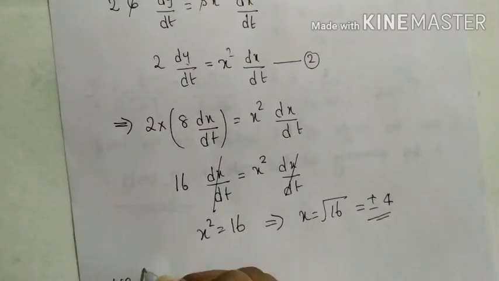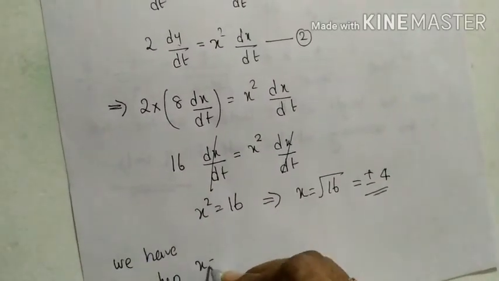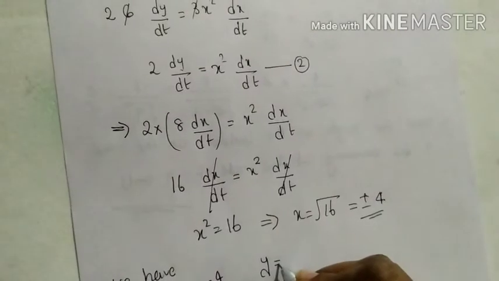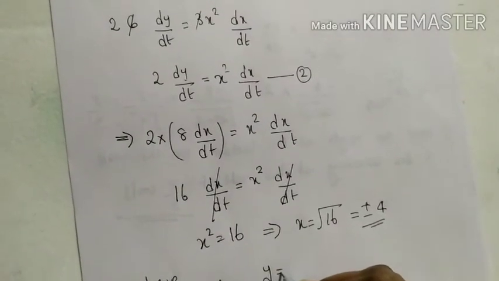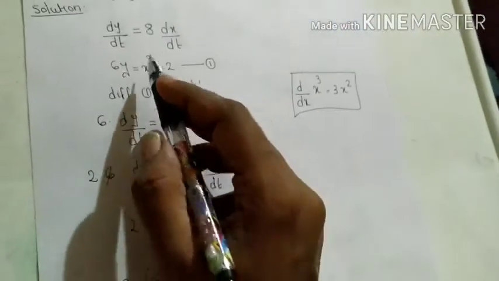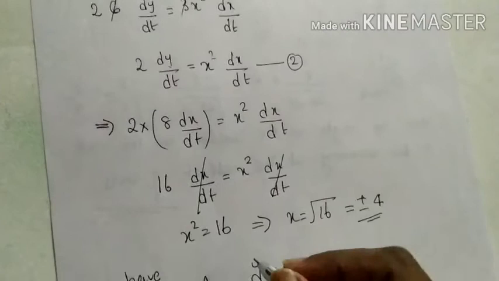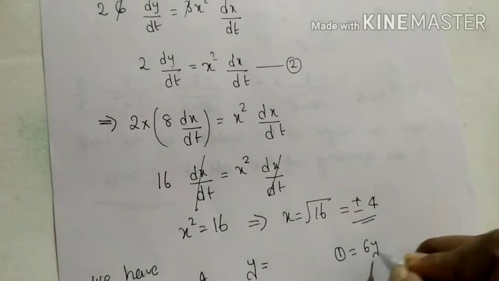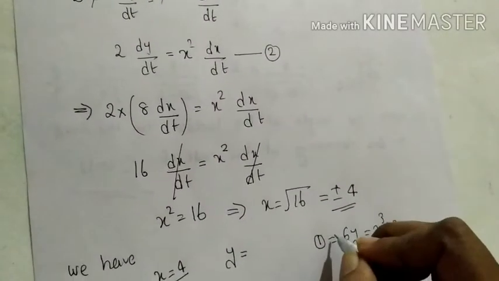Okay. And we have when x equal to 4, y equal to... note that from equation number 1, 6y equal to x cube plus 2 is our equation number 1.